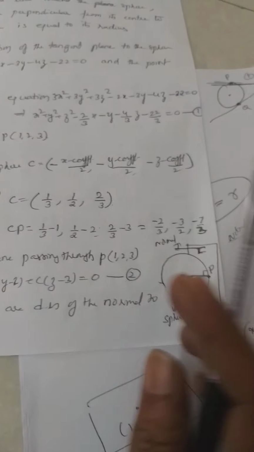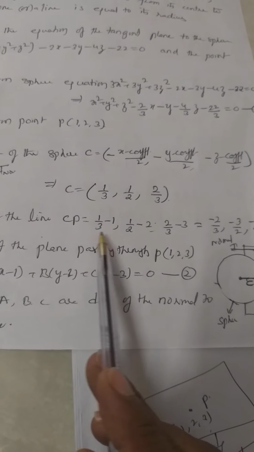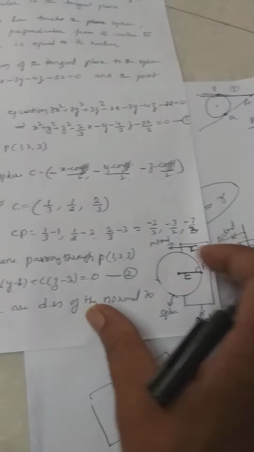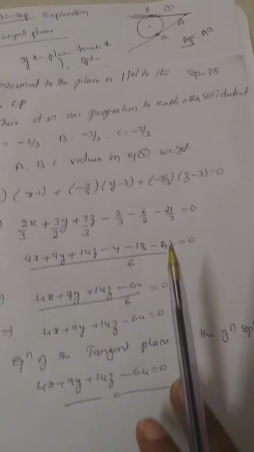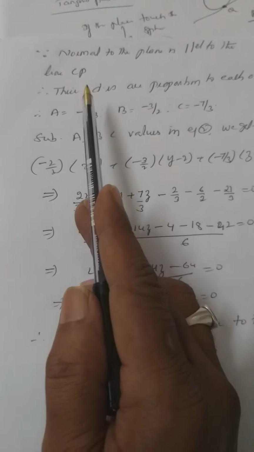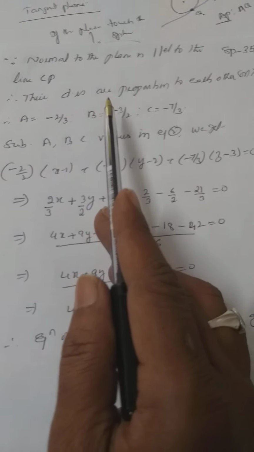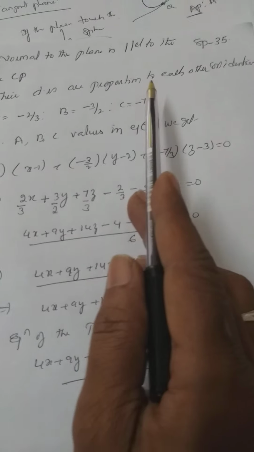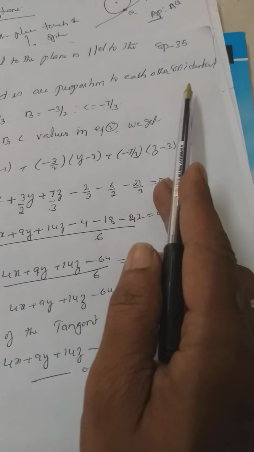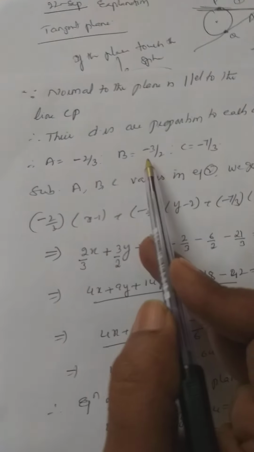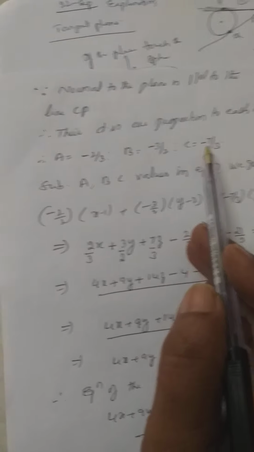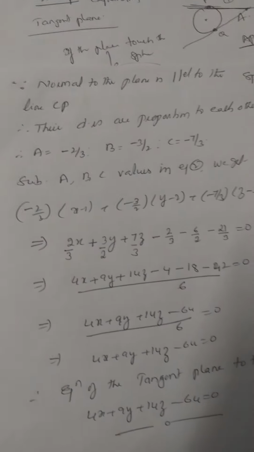See, the direction ratios of the line CP are as written, right? Now what concept are we writing? Since the normal to the plane is parallel to the line CP, the direction ratios are proportional to each other or are identical. Therefore, the a value is equal to this one, the b value is equal to this one, the c value is equal to this one. Now we got the a, b, c values.